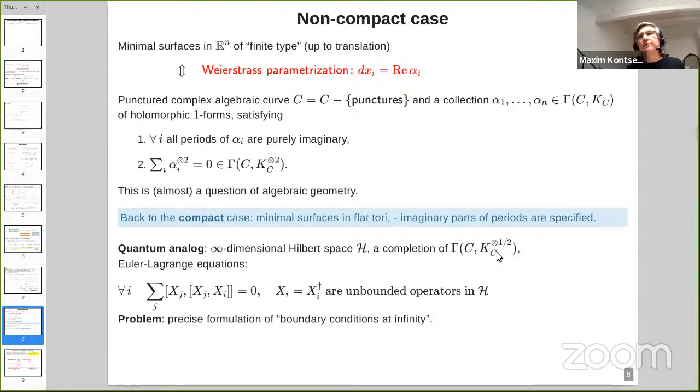And the Euler-Lagrange equation says that you get some Hilbert space completion, and consider a bunch of self-adjoint operators in the space satisfying this equation. And this should probably have some common domain of definition, but nothing is clear here. And what are the boundary conditions at infinity, it's also not clear.